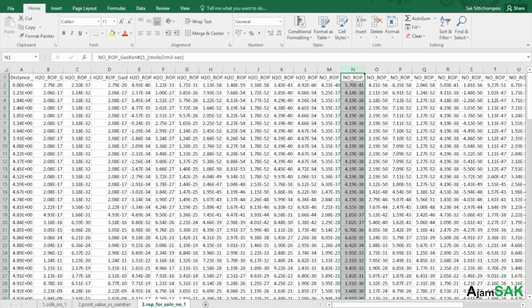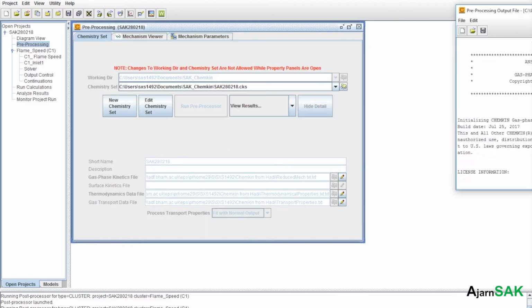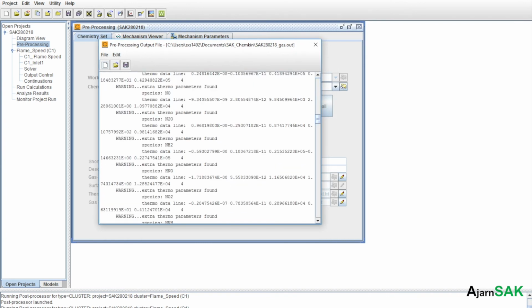You sum these rates of production. And you can see that, okay, reaction number, for example, 15 is responsible in all over your domain for this much production. I want to take a look at number 15 from here.